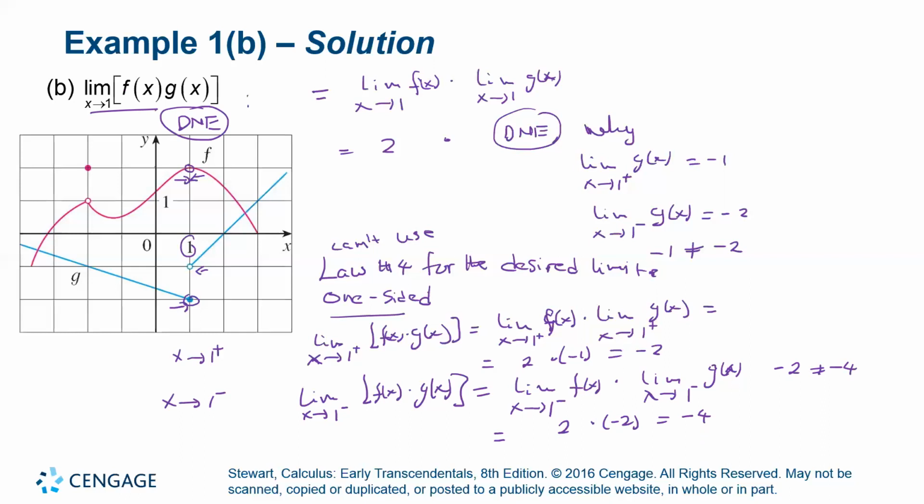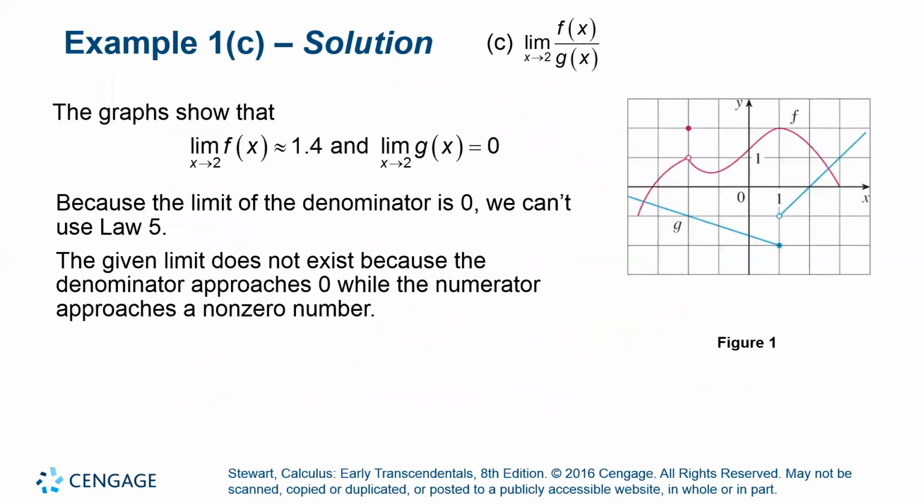Now let's go to the next example using the same graph. We want to find the limit as x approaches 2 of f of x divided by g of x. Well, now you know that if I have something like 2 over 0, this is undefined. That is what is happening here.